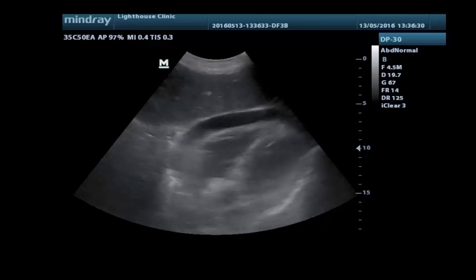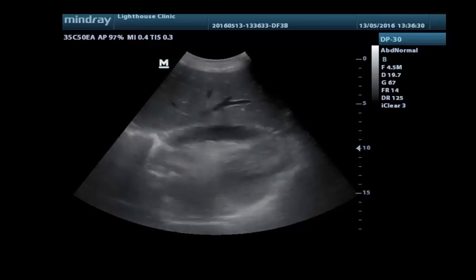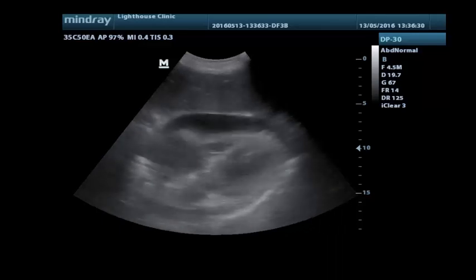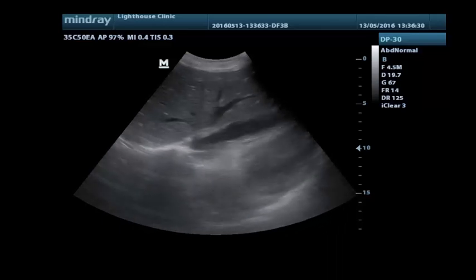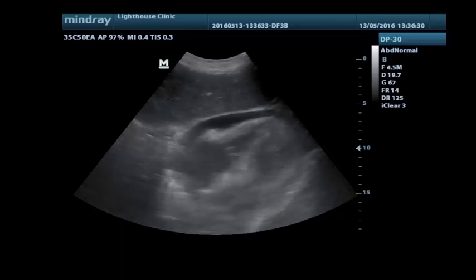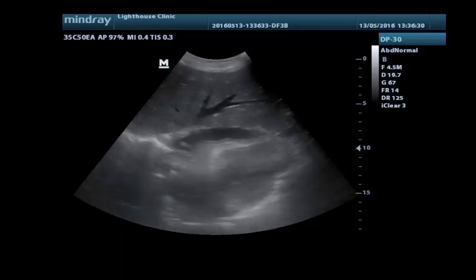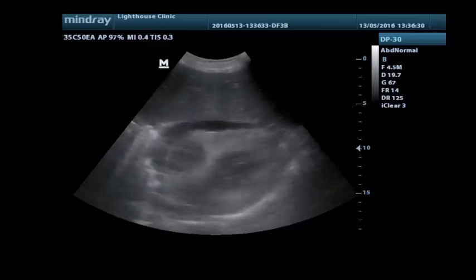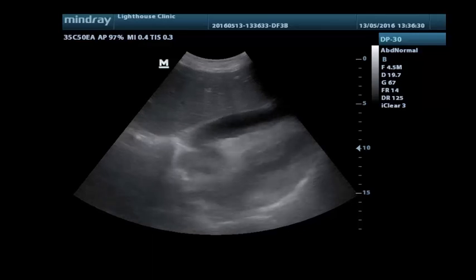Significant means in this case it is big enough to be considered as pathology. Don't mix that up with hemodynamically relevant, or hemodynamically compromising. We will come to that later. That is a different thing.